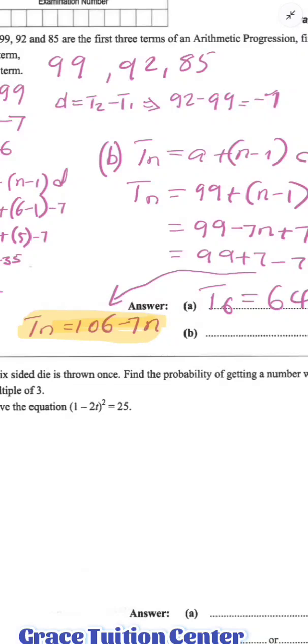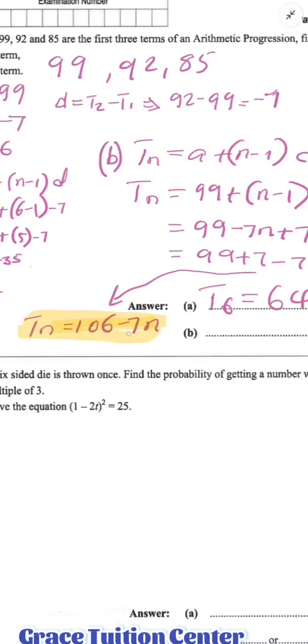What this formula simply means is that this is the formula you can use to find any number in this sequence. For example, if you want to know the first term, where there's n, just put a 1, because you are looking for the first term. You find that you're going to have 106 minus 7 times 1. 106 minus 7 is 99. If you want the second term, where there's n, you put 2.